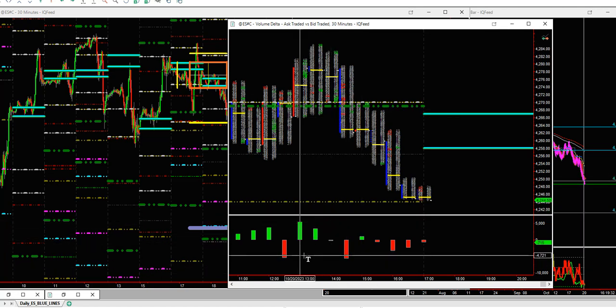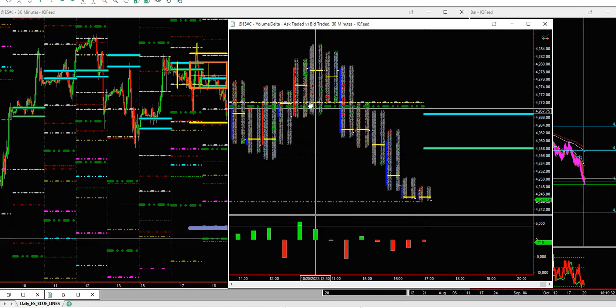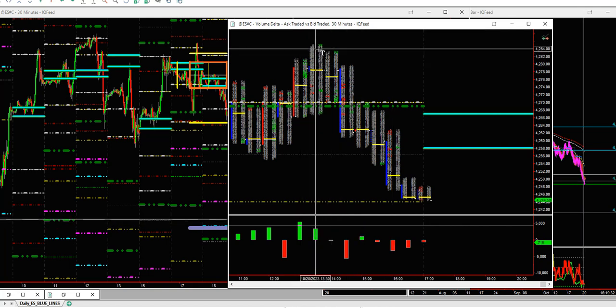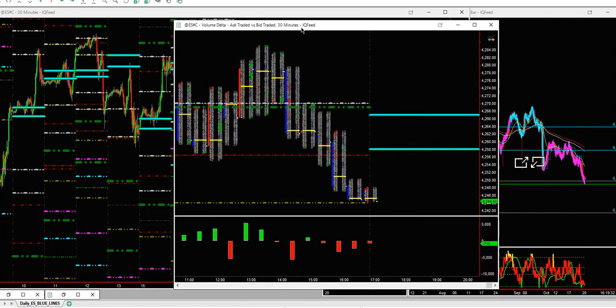But here we are, as you can see. If you look at what happened inside the bar, we are now at this same time frame where the market is saying it's going to go short. So let's study this.